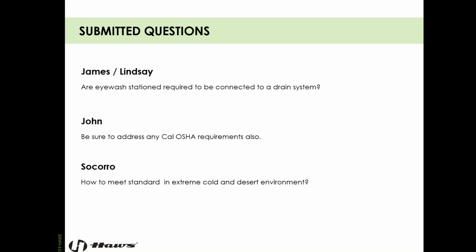Socorro asks how to meet the standard in extreme cold and desert environments. There are lots of ways to do this, lots of different types of equipment and solutions to keeping the equipment cool or warming the equipment up. That includes installing the equipment immediately on the outside wall of your facility, so you can have the valves, mixing valves, etc., inside your facility, insulating your supply lines, or burying your supply lines.